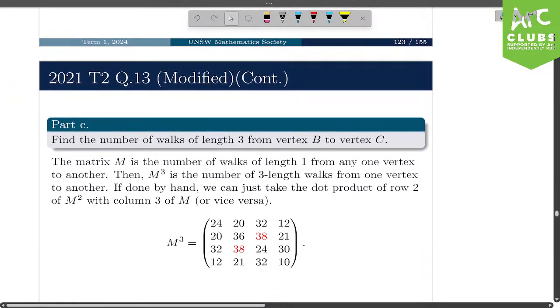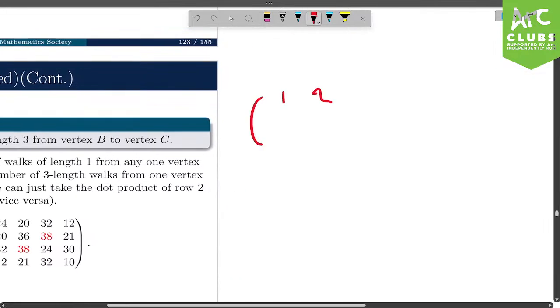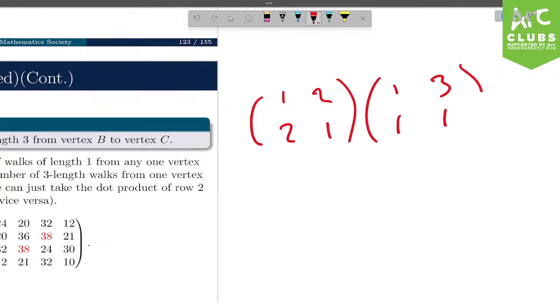So, if you do the matrix exponentiation, as an example, multiply matrices like 1, 2, 2, 1 and 1, 3, 1, 1. To get the entry in the first row, first column, you multiply this row and this column together, or you take the dot product.